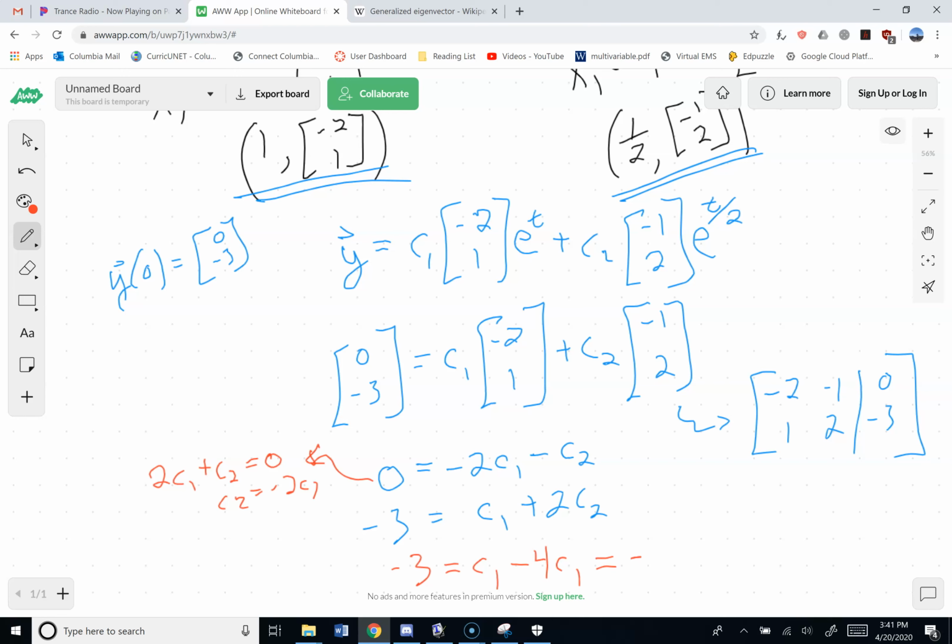So that's negative 3c1. So c1 has to be 1, and then c2 is negative 2. Or you can ref it and you'll get the same thing pretty quickly. Sorry, say again? Oh, sorry, I thought it was negative 1. No worries. It's hard to read my handwriting on this thing.